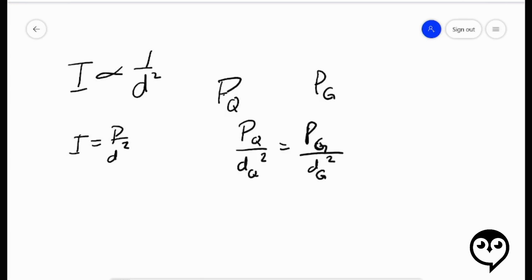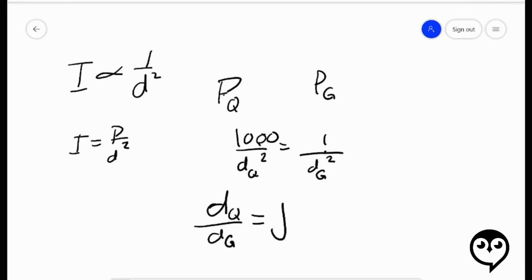Now we know that the power of the quasar is equal to 1,000 normal galaxies. So we've got that. And if we want to look at the ratio in distance, the ratio in distance is going to be the square root of 1,000. We're looking at a little over 30, aren't we? Yeah, so it's about 31.6.